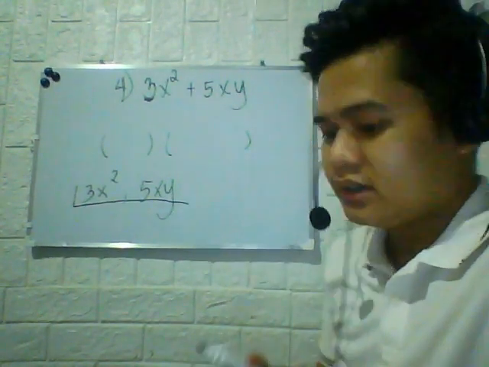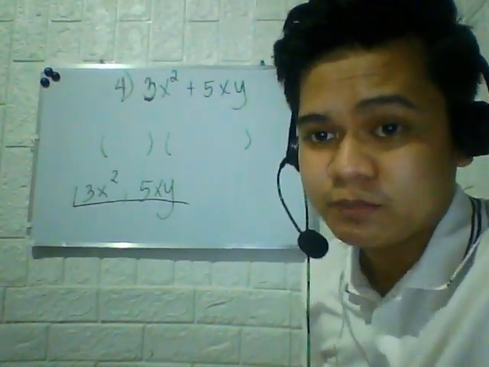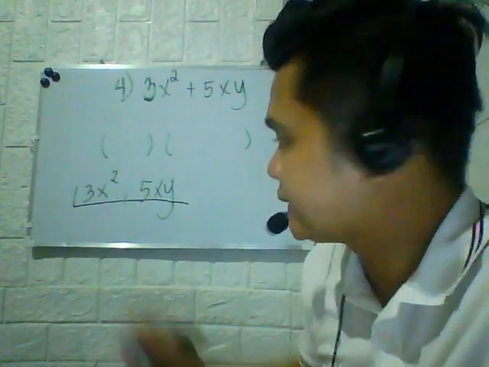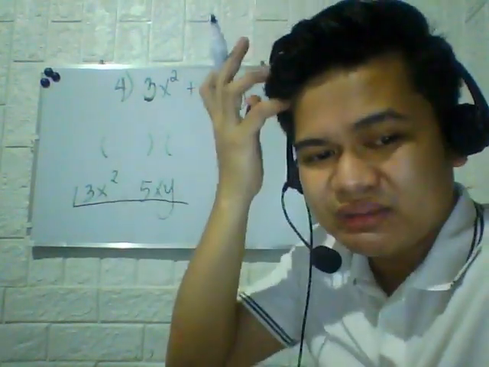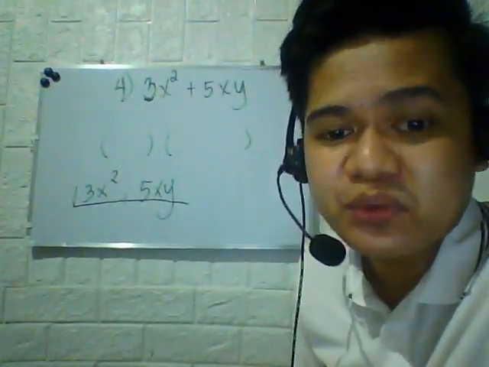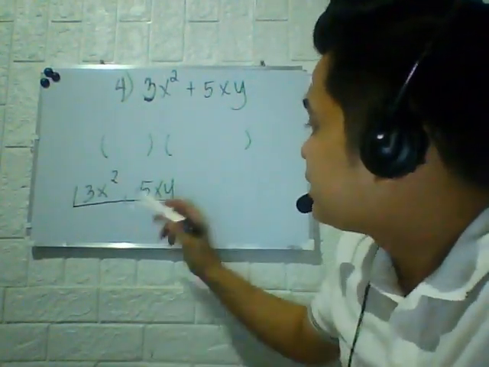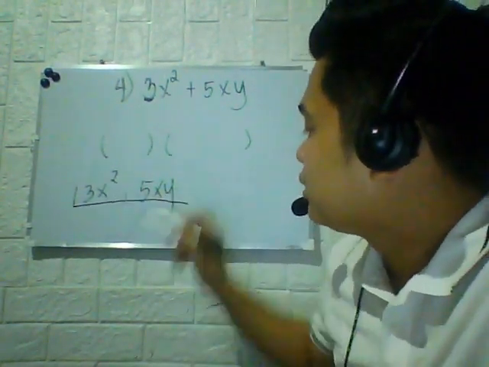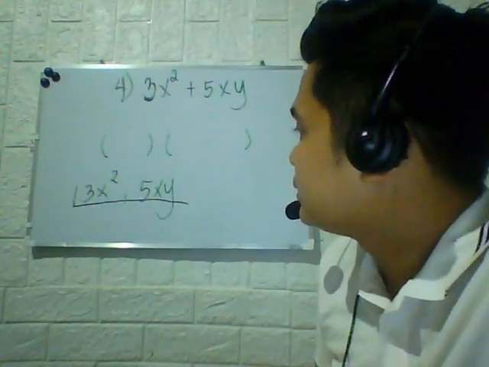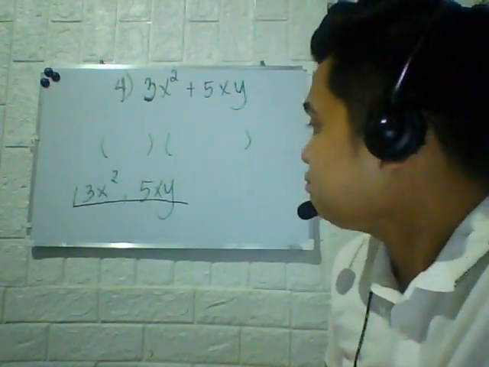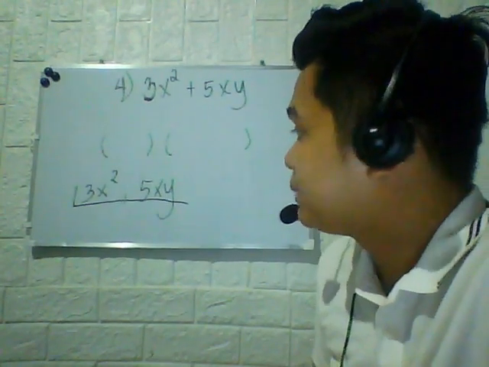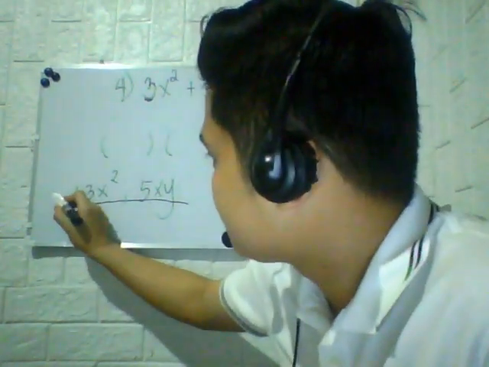Hanapin natin yung GCF nila kung meron. First, i-focus natin yung constants, 3 and 5. Wala, no? Wala silang common factor. So, we now move on to the variables. Meron ka ba nakikitang common variable in the two terms? It's the variable x. We write it here.